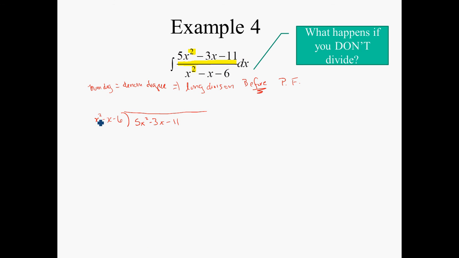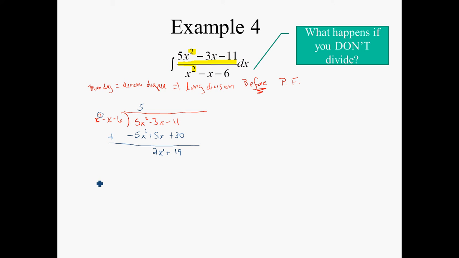What do you multiply x squared by to get 5x squared? Fortunately, this is not a devastating problem, right? I like to add the opposite. Right now I have a degree 1 with a degree 2 that I'm dividing by.